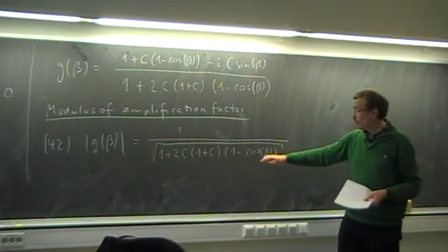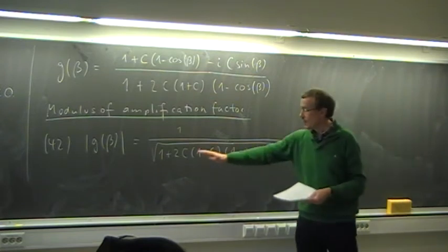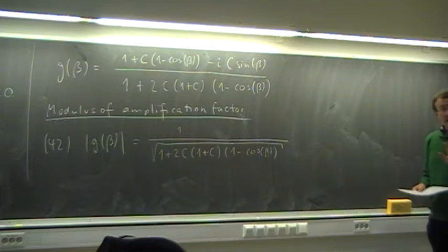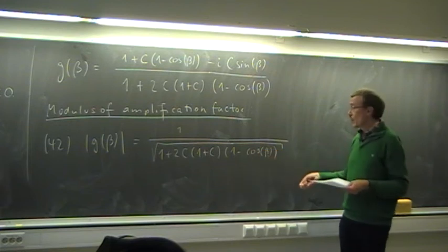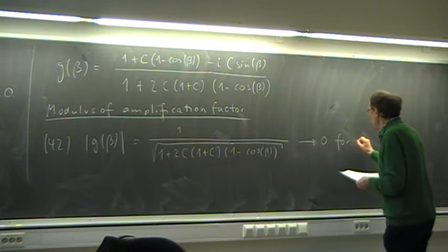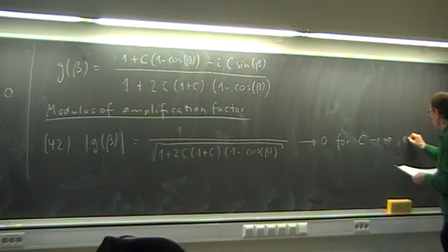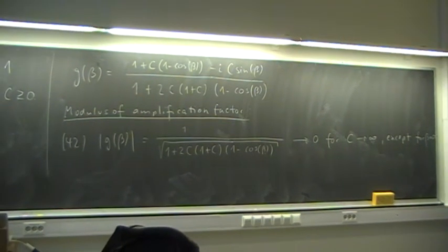If beta is 0, then cosine beta is 1, then this is 0, and the amplification factor will be 1 for beta equal to 0. But apart from that, we will essentially get a c in the denominator. And so that will go to 0 for c going to infinity, except for beta equal to 0. That is the case just mentioned.